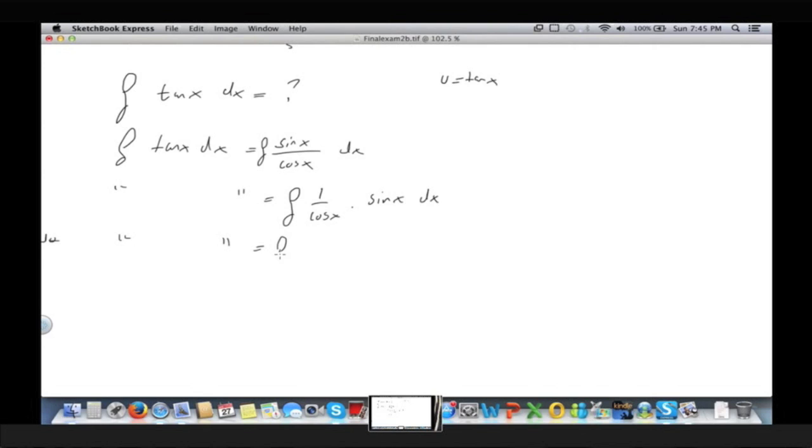Well, this is derivative of cosine is sine, no, negative sine. What's the antiderivative of 1 minus 1? Secant of x. Okay.